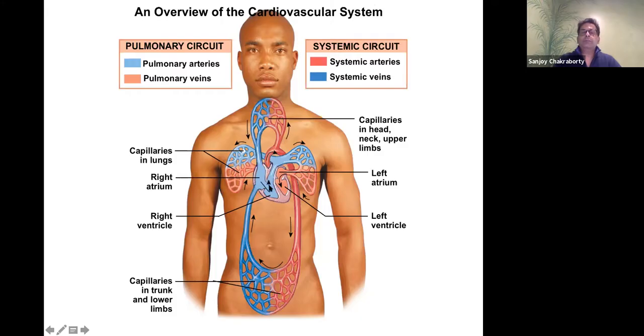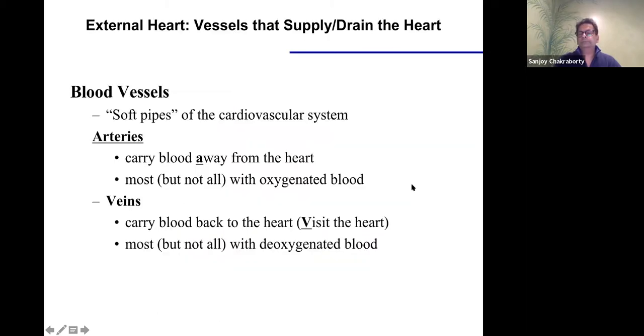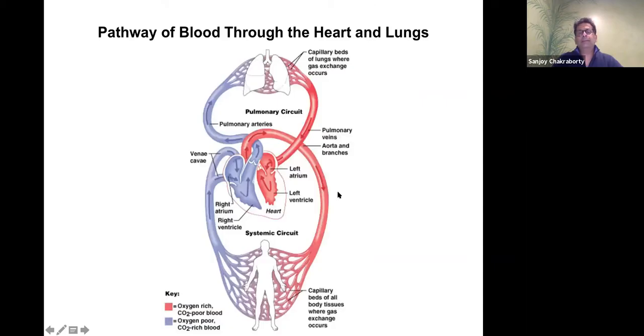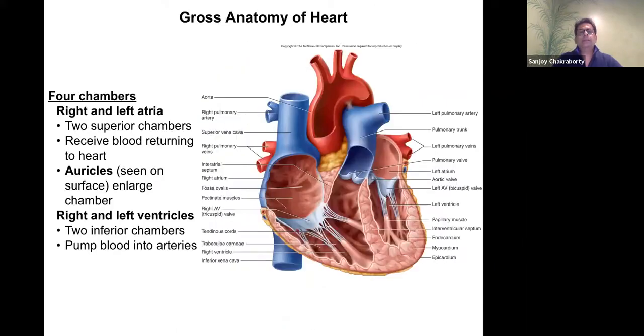Pulmonary circuit means blood goes to the lung and comes back to the heart. Blood vessels, arteries and veins, we already discussed. Arteries go away from the heart, veins carry blood back to the heart. That's why most, not all, arteries carry oxygenated blood. This is again the same thing, the pulmonary and systemic circuit.